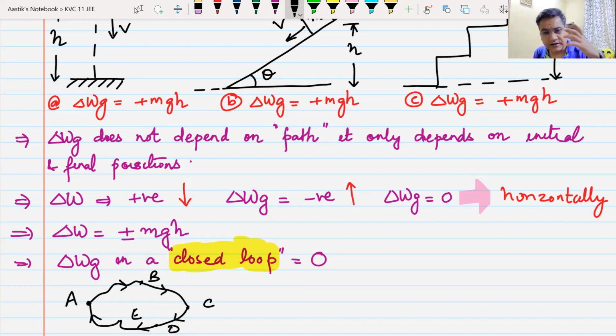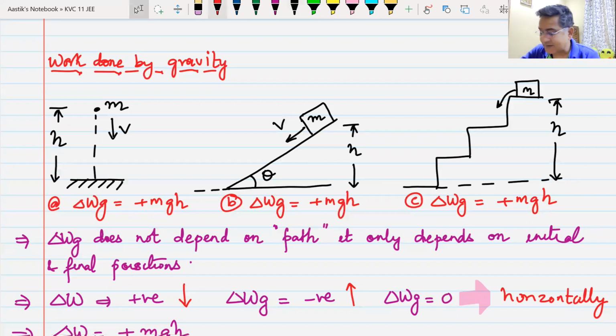Work done by gravity in a closed loop is zero, and we can easily understand it. If I say this point is A, and this point is B, when the body is moving from A to B, work done by gravity is plus mgh. When I move the body from B to A, the work done by gravity is minus mgh.